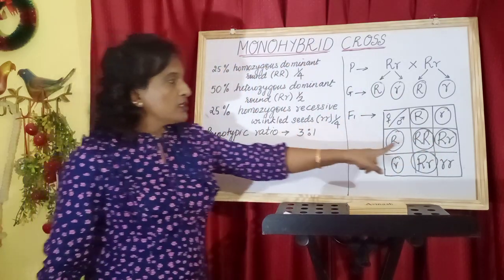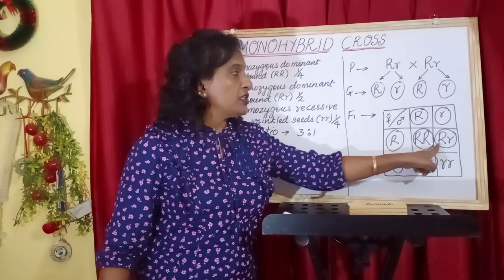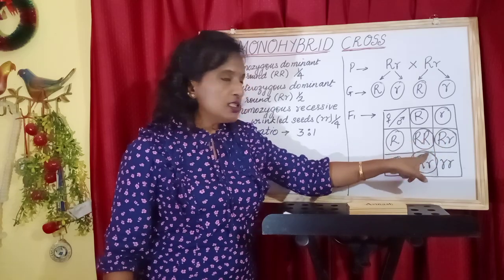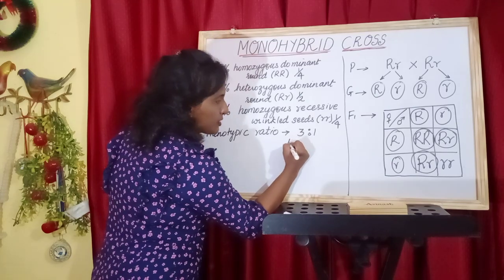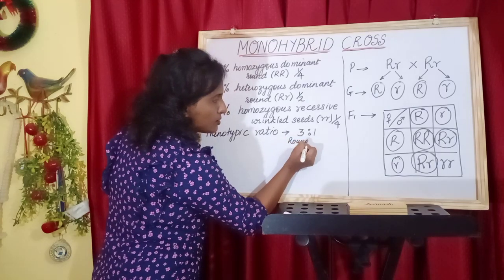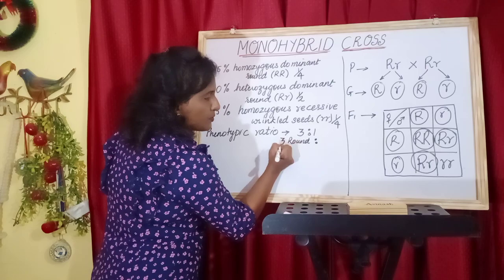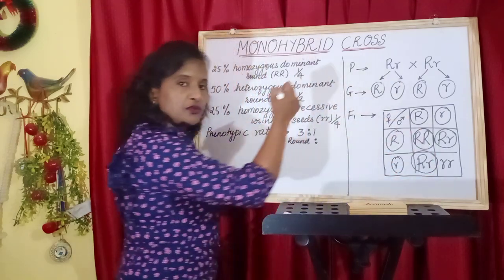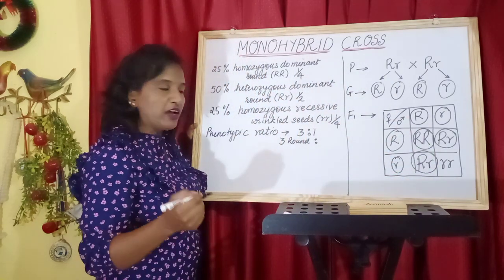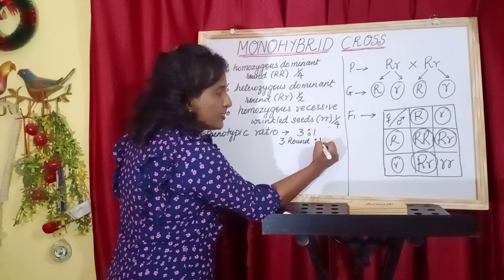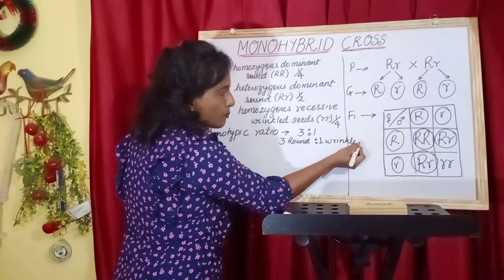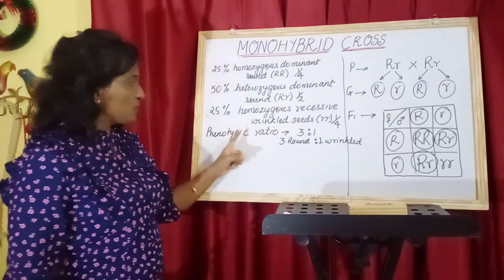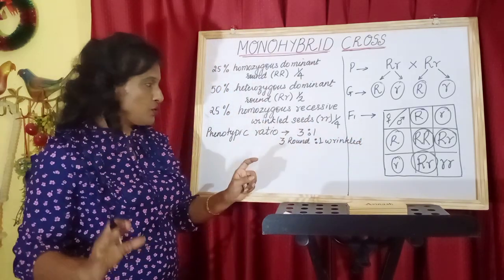So there are 3 plants which will bear round seeds, therefore it is 3 round, whereas only 1 offspring which we have obtained is wrinkled. So this is the phenotypic ratio.